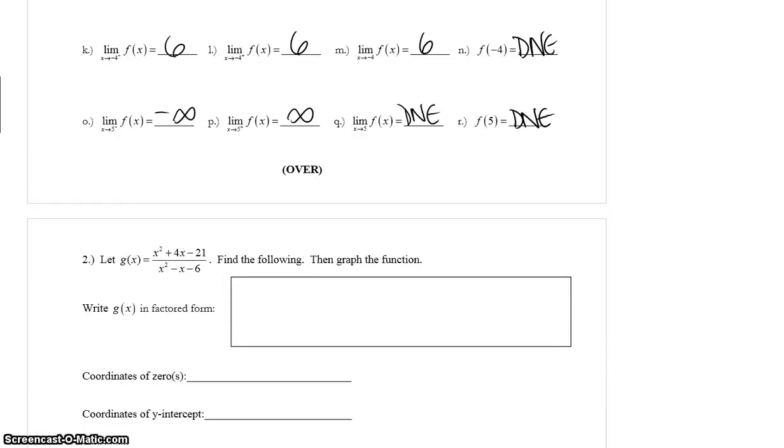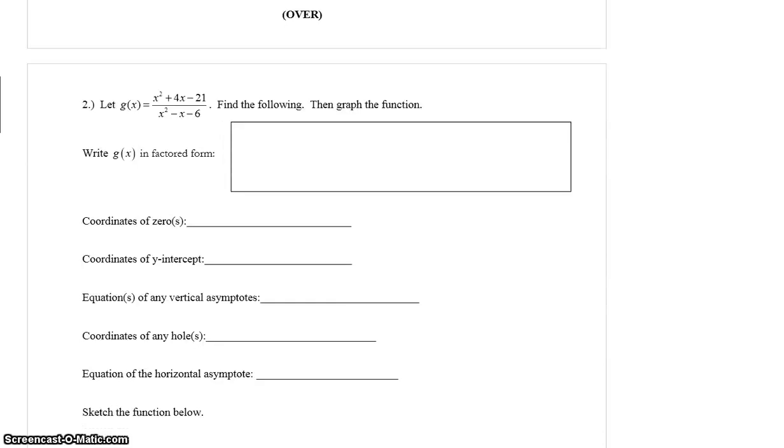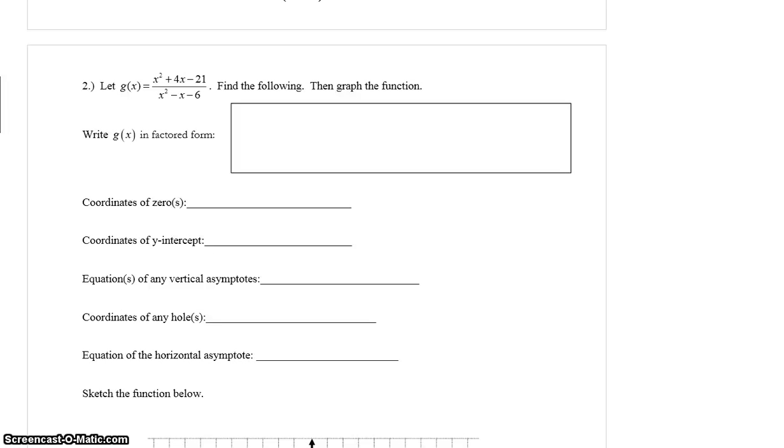Okay, so here's the next one. Let g of x equal x squared plus 4x minus 21 over x squared minus x minus 6. Find the following, then graph the function. First it says write g of x in factored form. You get x plus 7 times x minus 3 over x minus 3 times x plus 2. So the coordinates of our zeros.